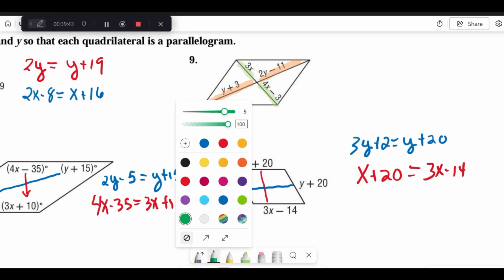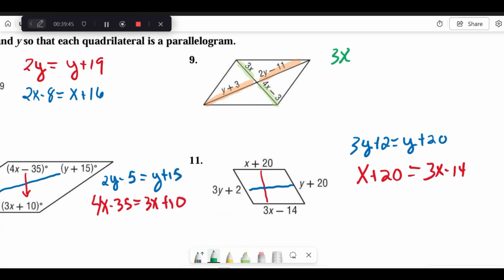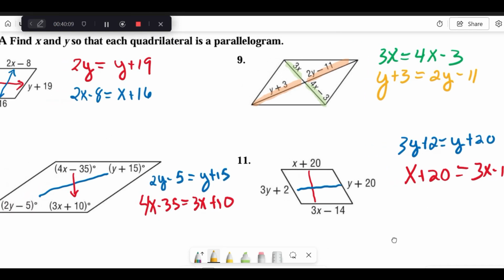So that means that 3x would have to equal 4x minus 3, and y plus 3 would have to equal 2y minus 11. Okay, I don't care if you use the solve command, whatever, but find the x and y values that make all these true, and that's how you would finish this work.